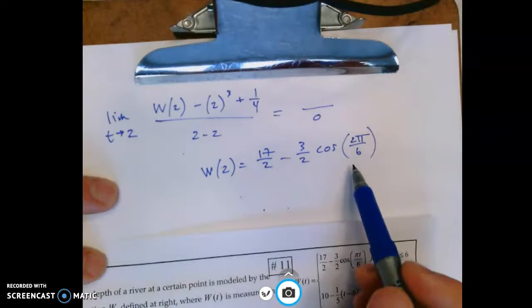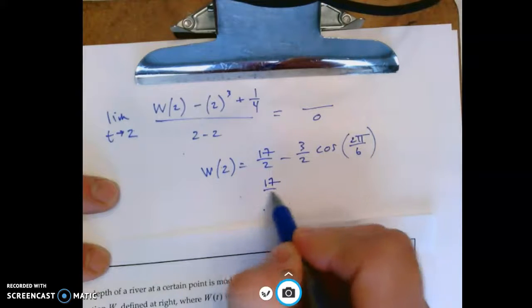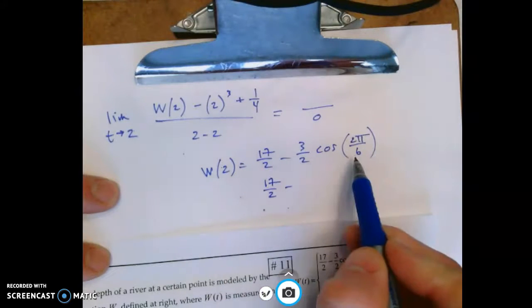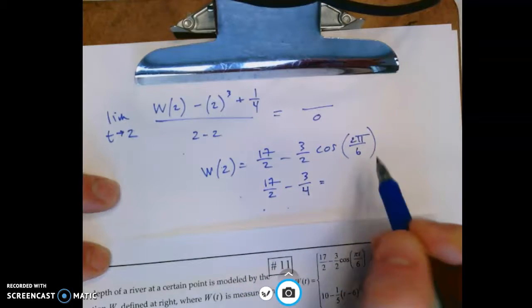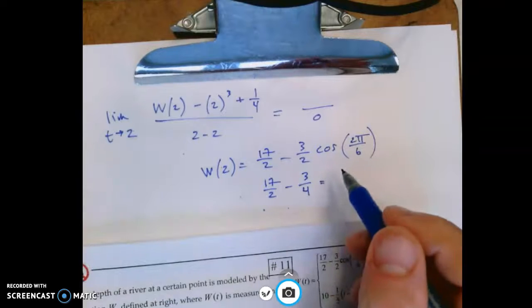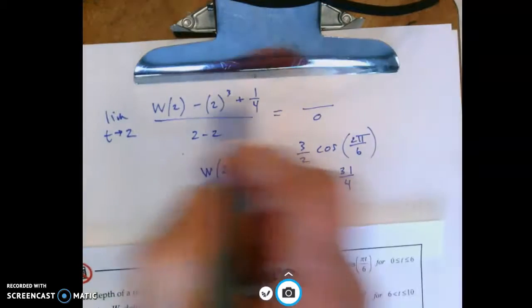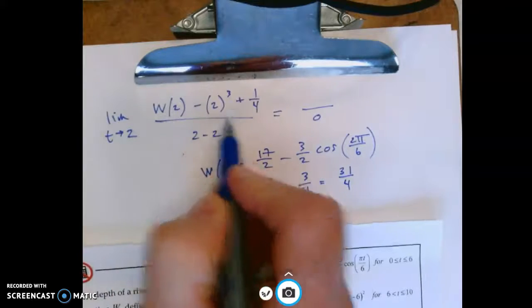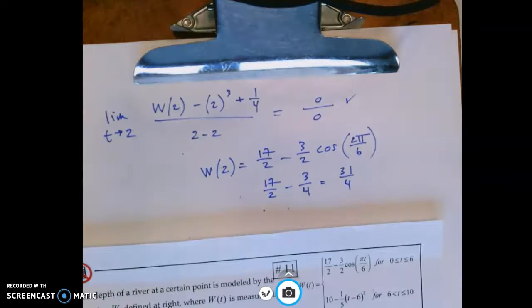Cosine of pi thirds is going to be 1/2. So this is going to be 17/2 minus 3/2 times 1/2, or 3/4. Okay, so that's 31/4. And when I plug this back in, 31/4 minus 8 plus 1/4, I do get 0 over 0. So I should anticipate that happening.